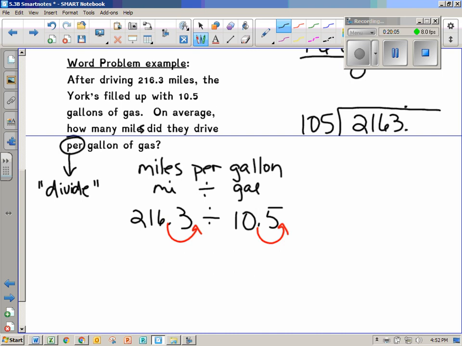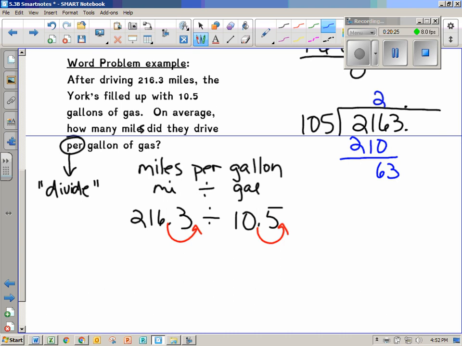Sometimes I like to go ahead and just put the decimal at the end. I don't know if I'll have to keep going, but if it doesn't go a whole number amount of times, I know that I will. Well, 105 into 216, I know that goes 2 times. That would be 210. Subtract, and then bring down.